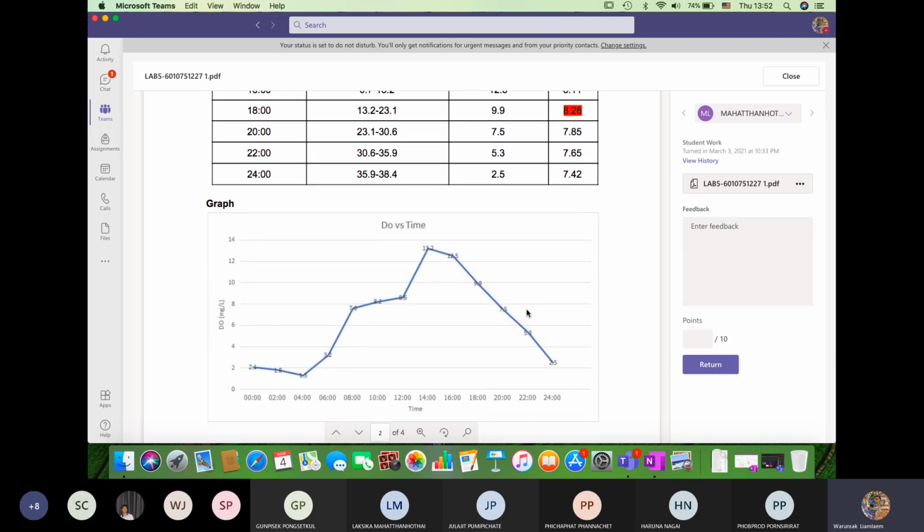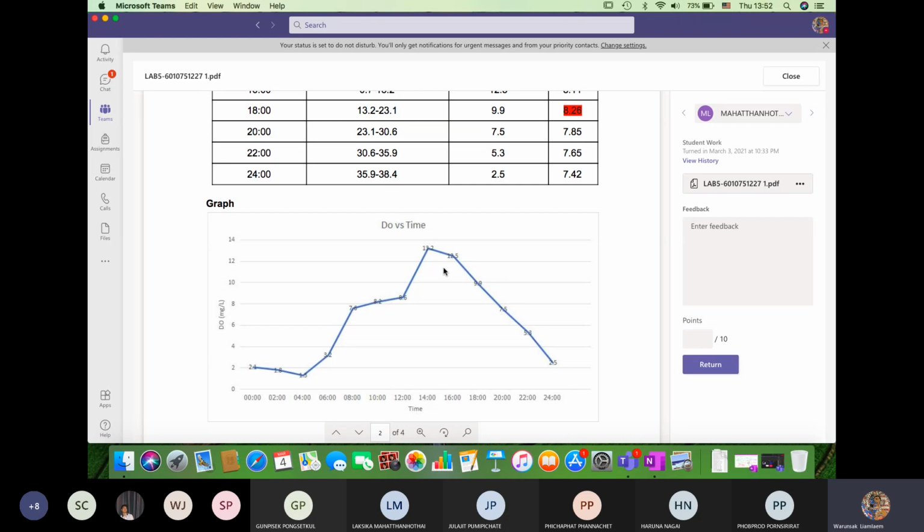there is something interesting because if you really go back to the background documents I gave you, which I left in the class material. On the second page, there is the table showing the values of saturated dissolved oxygen concentration under the normal condition.